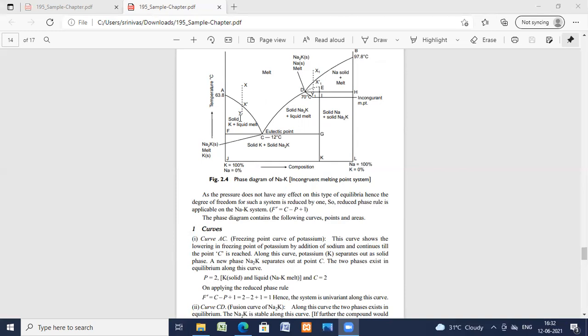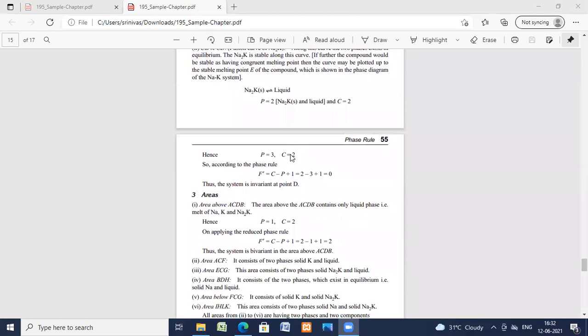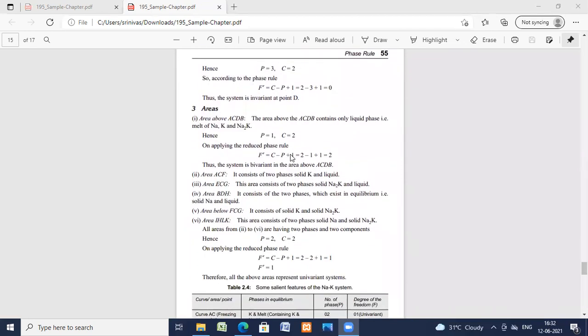And in the areas, 1, 2, 3, 4, 5, these 5 areas, you get a univariant system. So P is equal to 2, C is equal to 2. You get a univariant system.